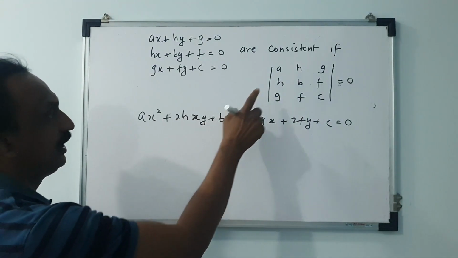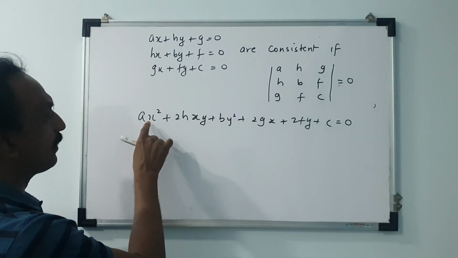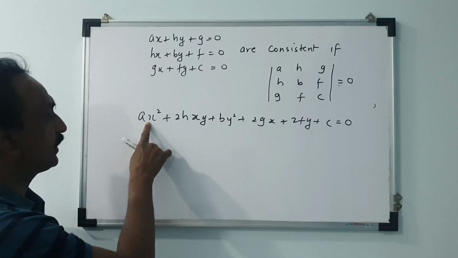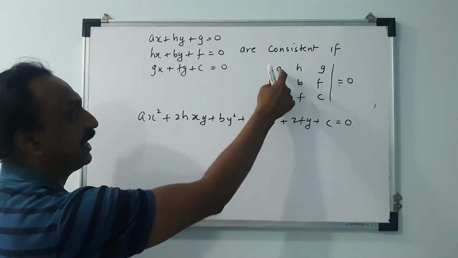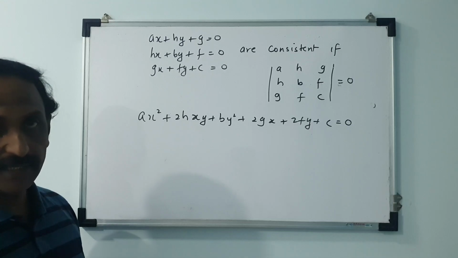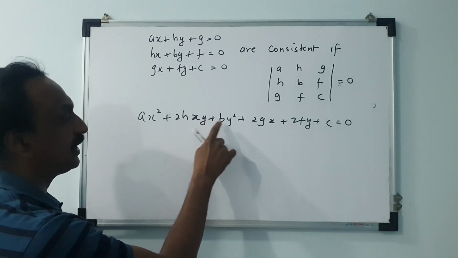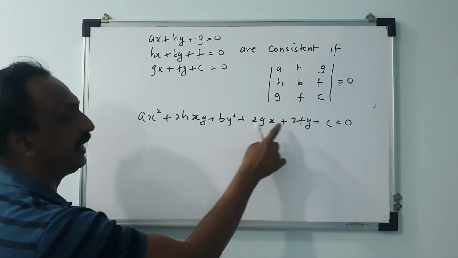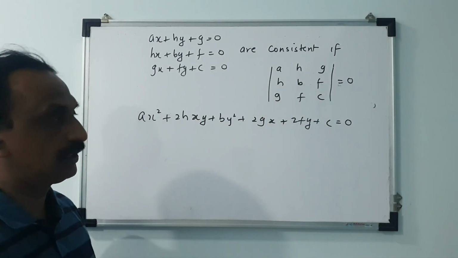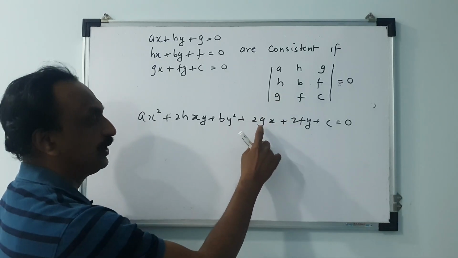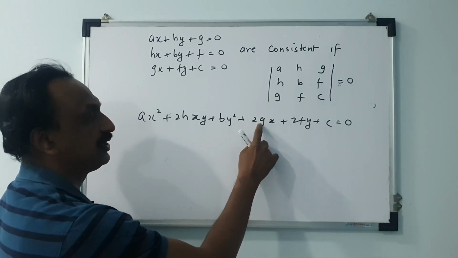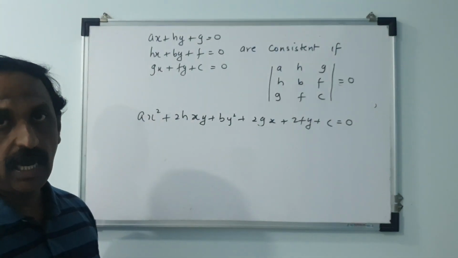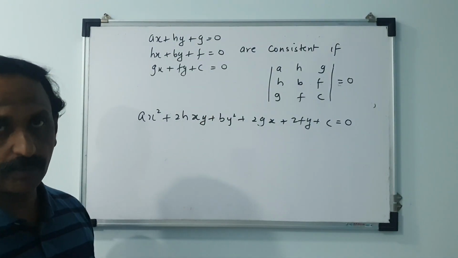Once again, x terms are present in these three. What alphabets are with them? A, H and G. That's your first row. After that, take the y terms. y is present in these three terms. What are the alphabets with them? H, B and F. So that is the second row. And the third row is the last three linear terms, G, F and C. Don't take 2. We are taking only the alphabets. So that's another way of remembering.